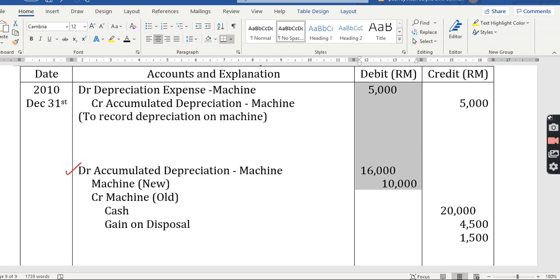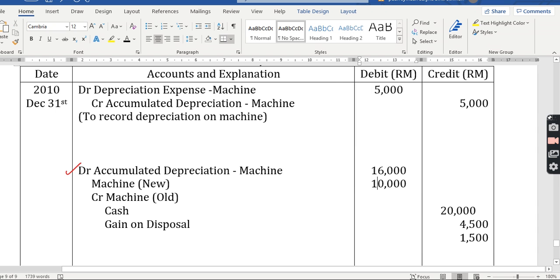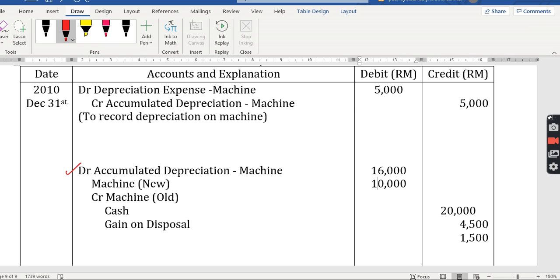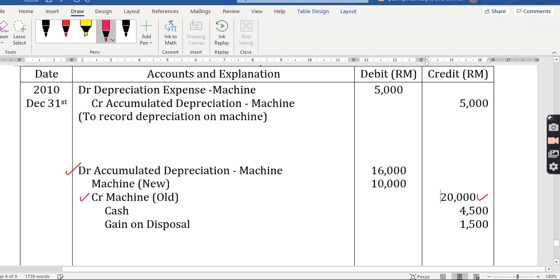Okay, and then I need to close the old asset, the old machine account. So madam akan credit machine 20,000. That means you already close the account for 20,000 ringgit. So how much do you need to pay?